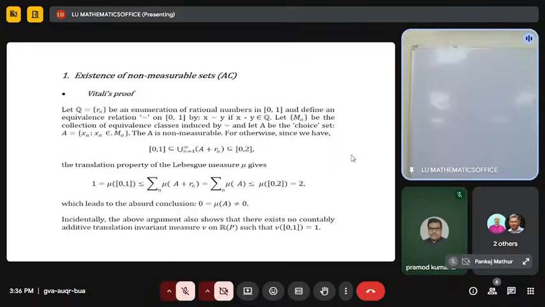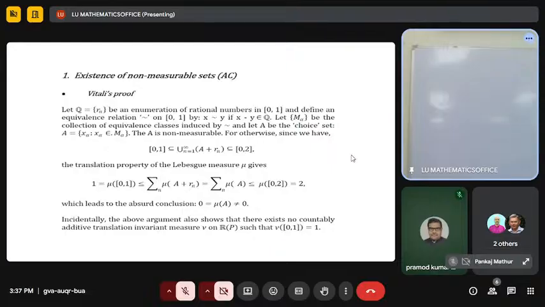Now you also want this Lebesgue measure. It's translation invariant. In fact, it's invariant under rotations as well, as we know. And this is unique as a countably additive translation invariant measure on the sigma algebra of all measurable sets.